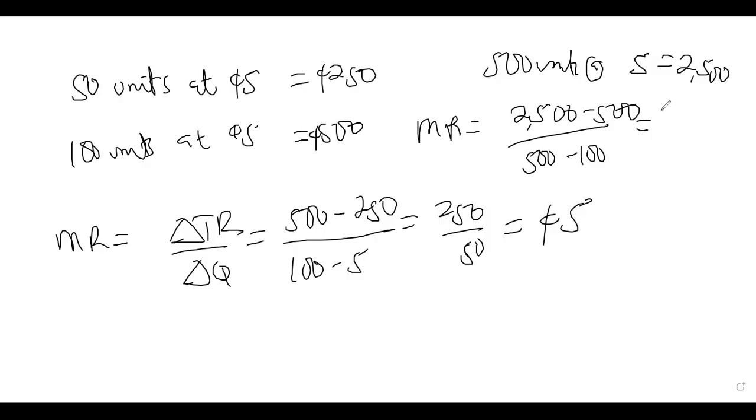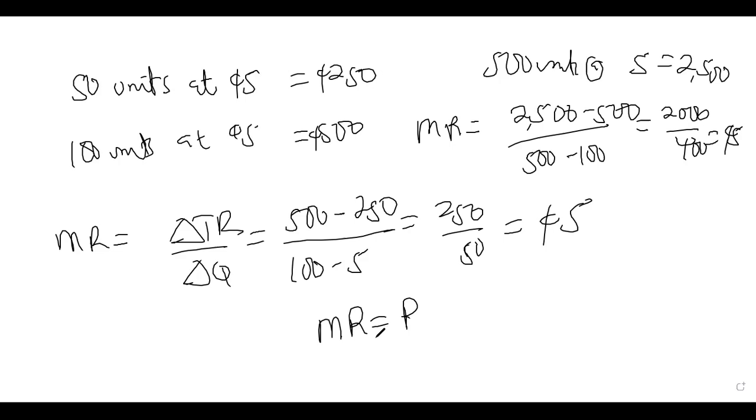So here you get 2,000 over 400, and we still get the same 5 cedis. So for a single firm in a perfectly competitive market, your marginal revenue is always equal to your price, because no matter how much you sell, you still sell it at the same price.